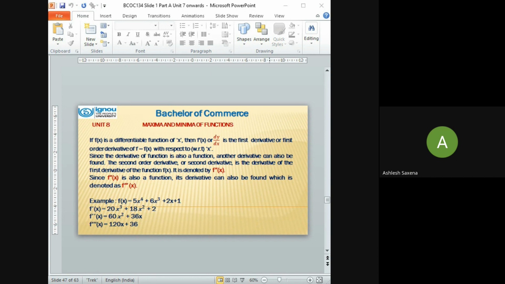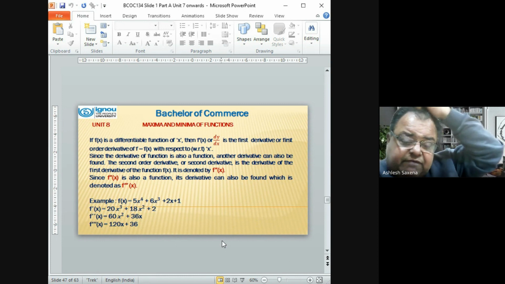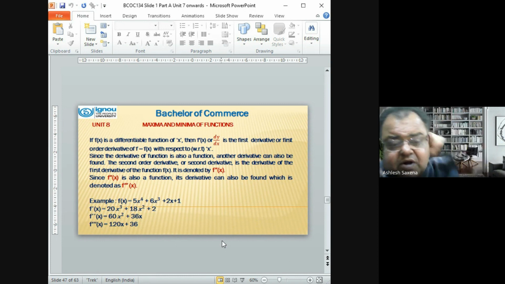We will be differentiating and we will be finding the values. Now how are these values found? If f(x) is a differentiable function of x, then f dash x or dy by dx is the first derivative or first order derivative of f(x) with respect to x.